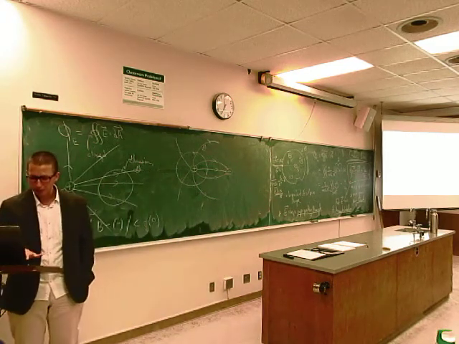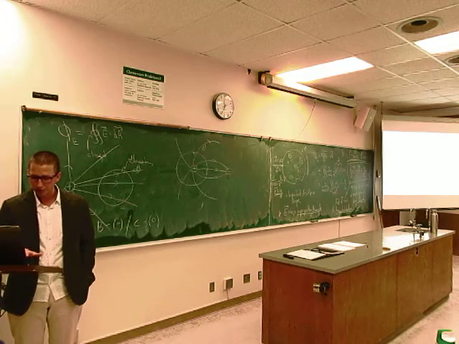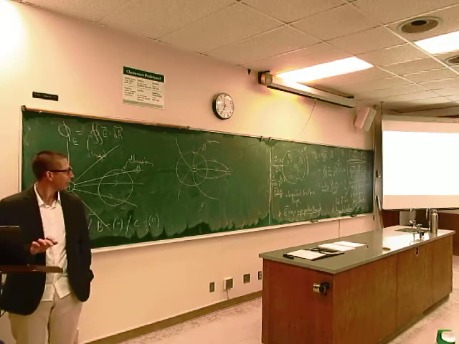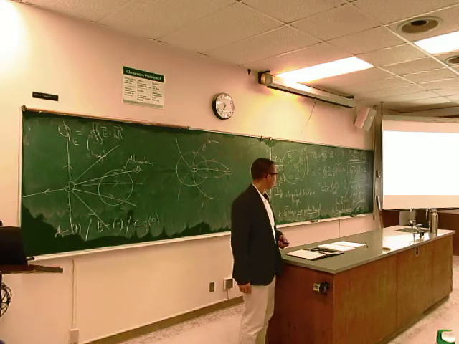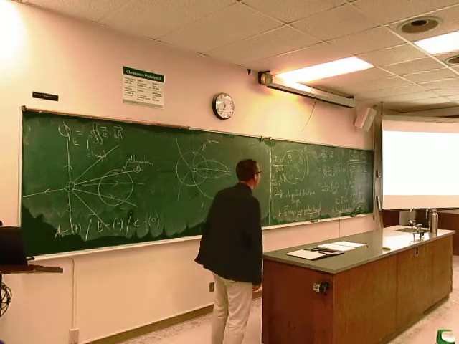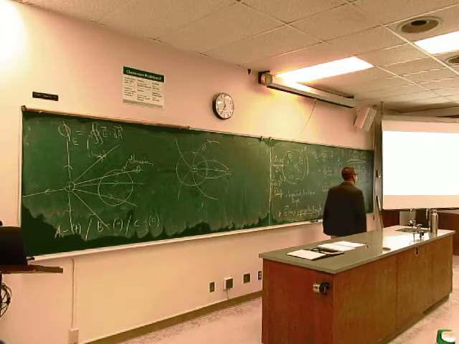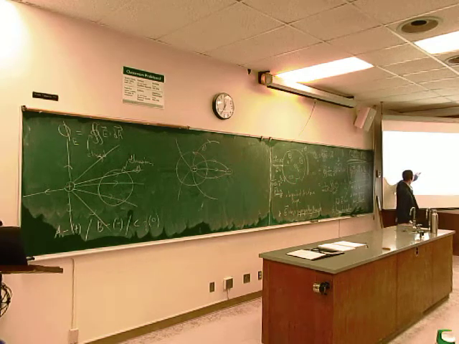Now, let's look at this, and just to show you what this looks like, let's try an example here. So here I have different shapes. One of them is a square, and the others are circles with different radii.